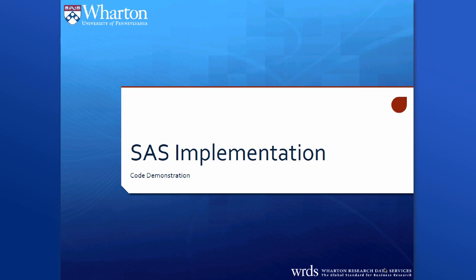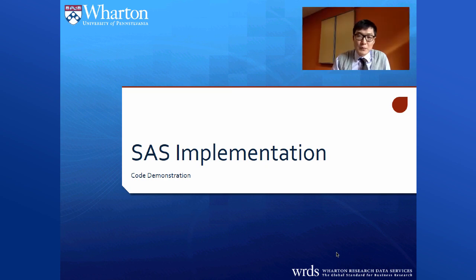I'm going to demonstrate how you implement the idea of matching CRSP and Compustat by using CUSIP, through different alternative venues to access WRDS.